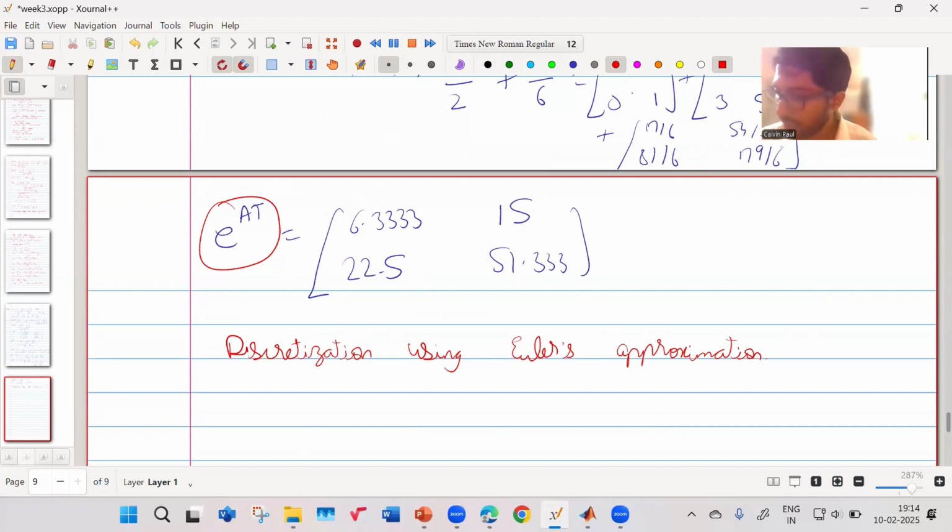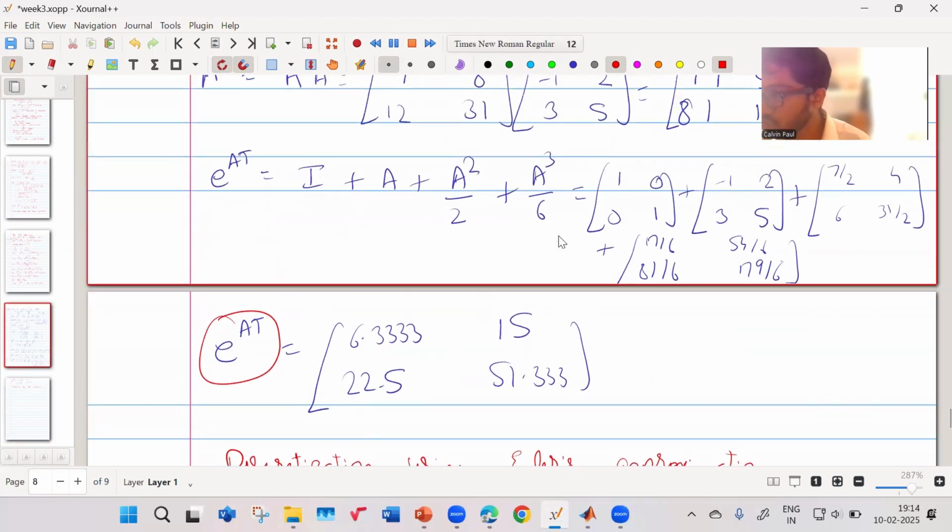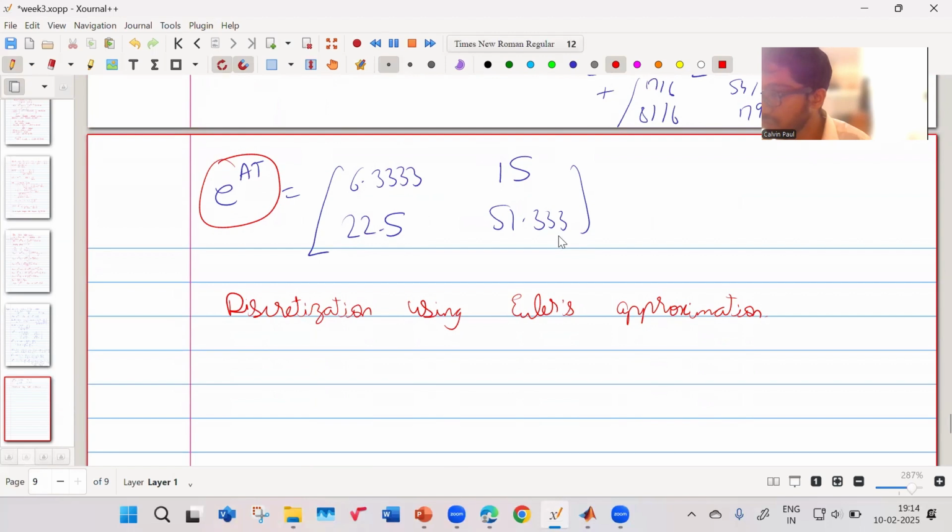Inverse Laplace transform is one way, or this is another way, right? All these you will need to use for these calculations. You will need to use numerical methods. It is not possible to do hand calculations all the time.